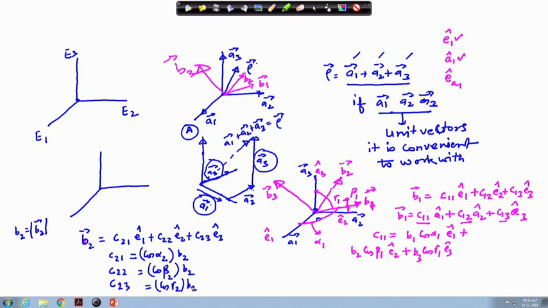Going along the same line, you can also describe vector B 3.